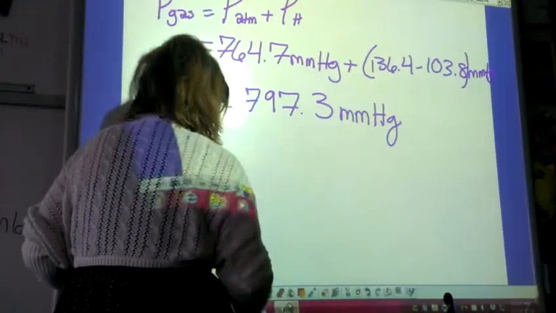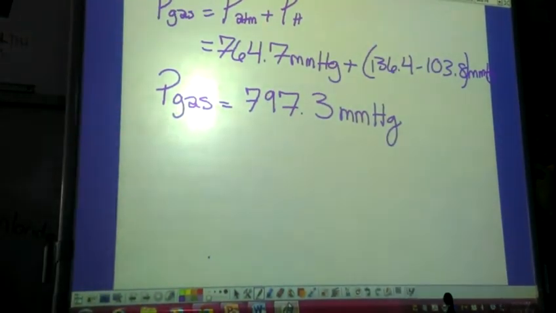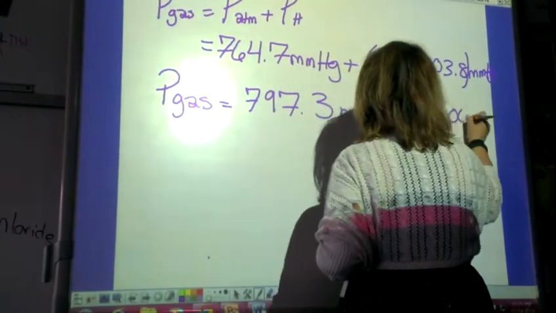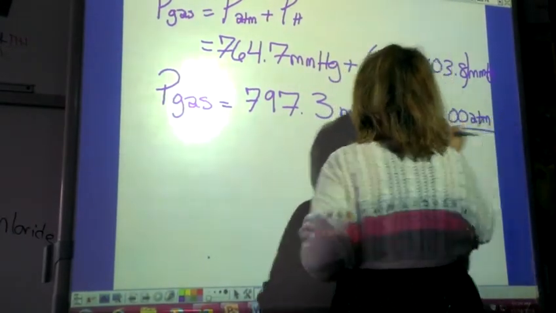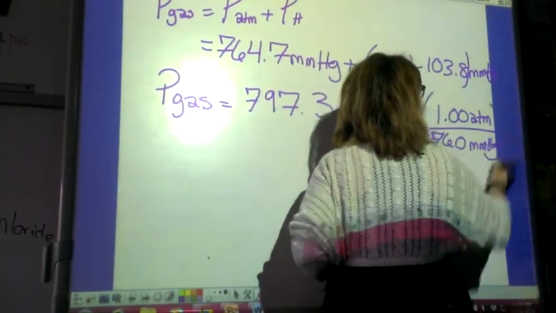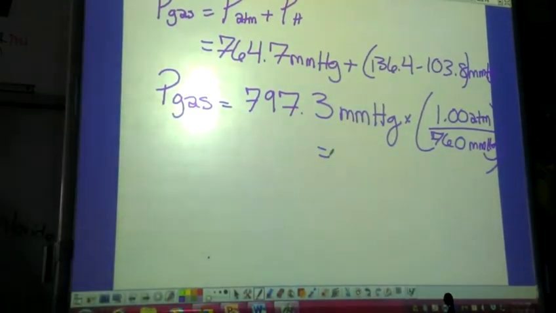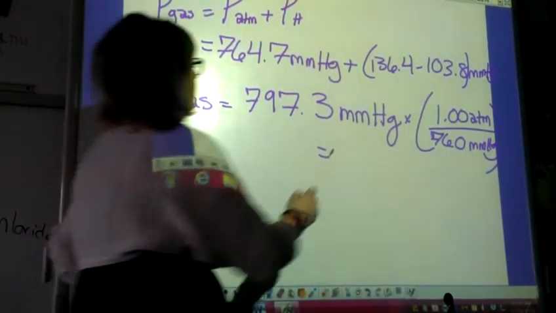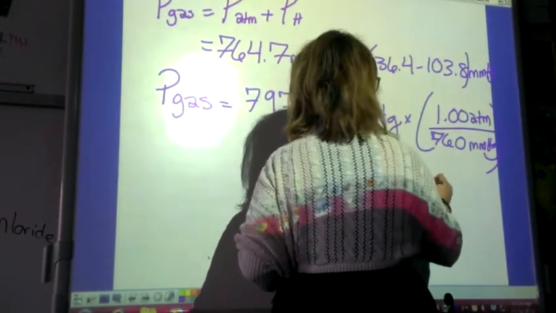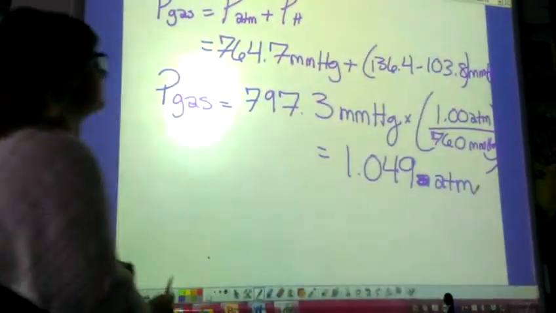So if I have 797.3 millimeters of mercury, I want to convert that into atmospheres. In 1 atmosphere, I know there's 760 millimeters of mercury. So we'll just do some dimensional analysis here. And then I should get that in atmospheres to be 1.049 atmospheres.